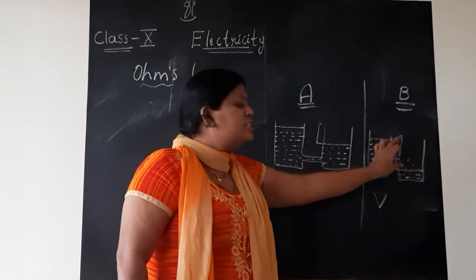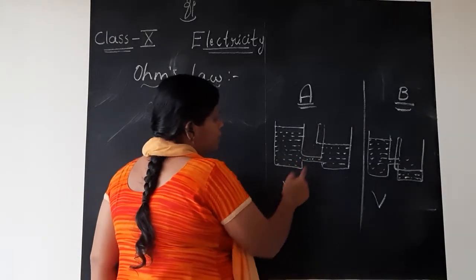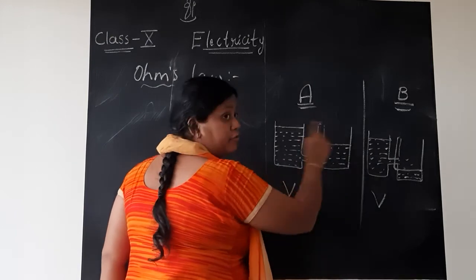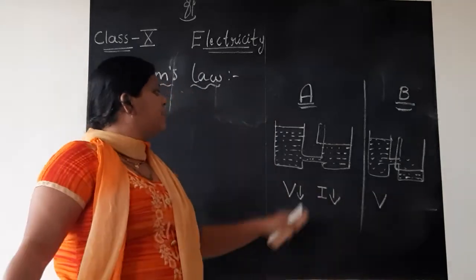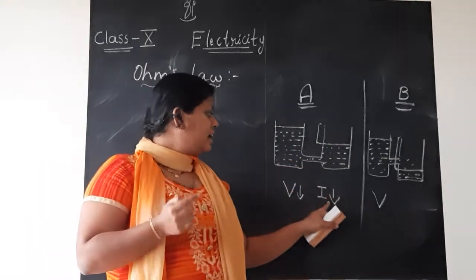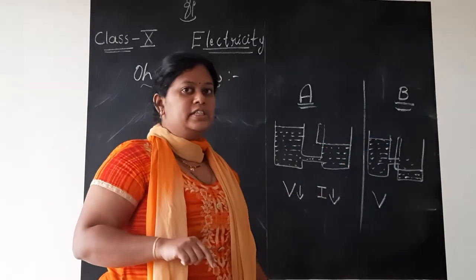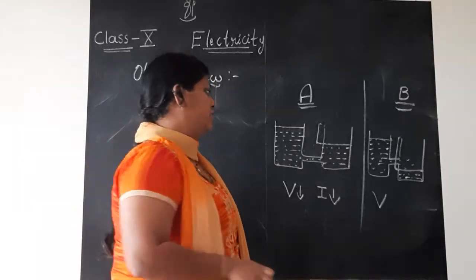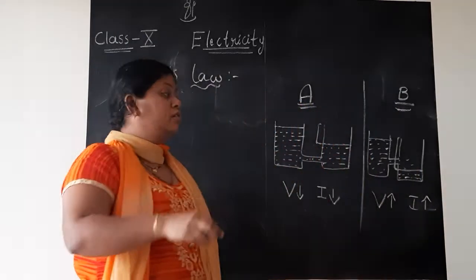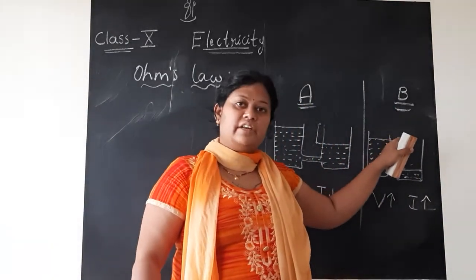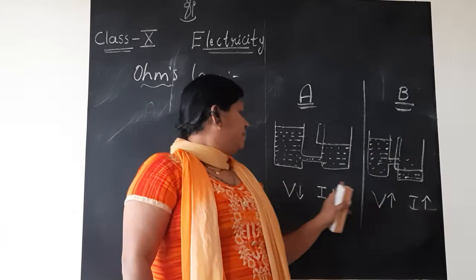If we consider this difference to be the potential difference of the circuit, then as the potential difference is less here, the force of water flow is less. In terms of current, if the potential difference is low, the current will also flow slowly. If the potential difference is more, the force with which water flows to the second beaker is very fast, and similarly the current flowing in the circuit will also be more.